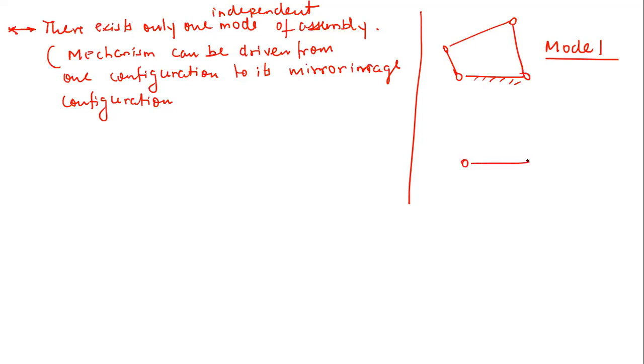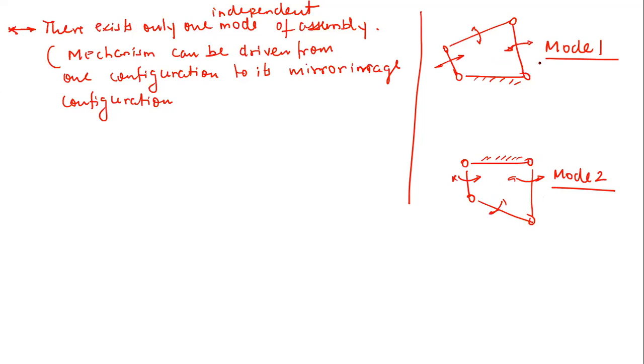Now again, I assemble the Grashoff's kinematic chain in a similar way, but below this. So this is your mode 2. What do you mean by mode 1 and mode 2? That means all the links have a distinct or different motion as compared to the assembly here.